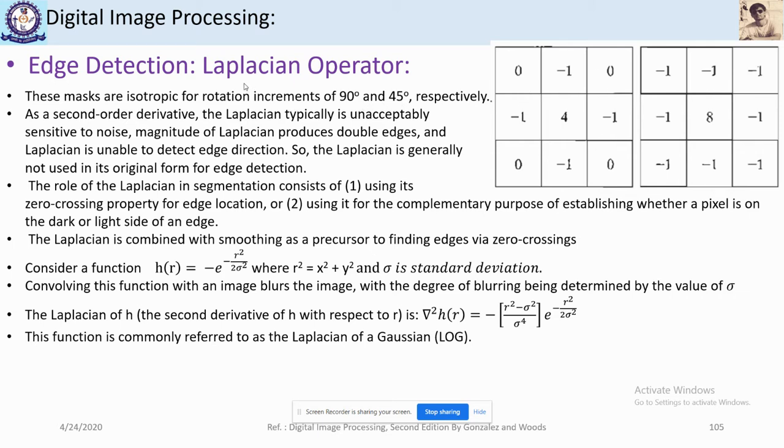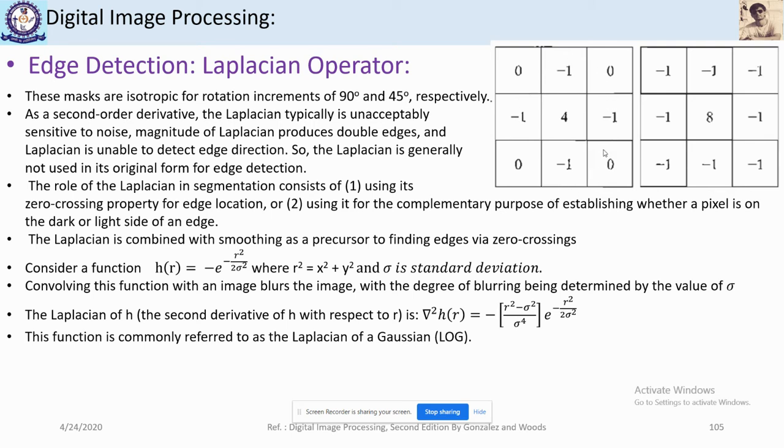Okay, so these masks are isotropic for rotation increments of 90° and 45° respectively. This we have discussed while discussing the Laplacian operator, that this mask is isotropic with the rotation increment of 90 degrees.